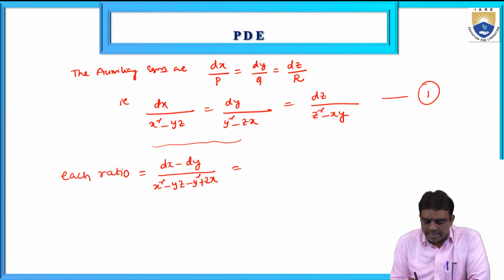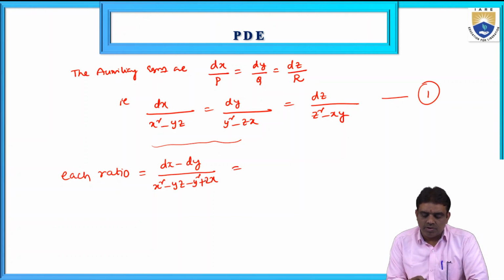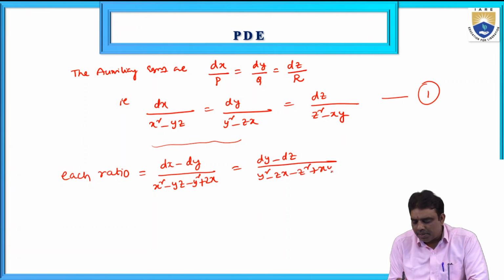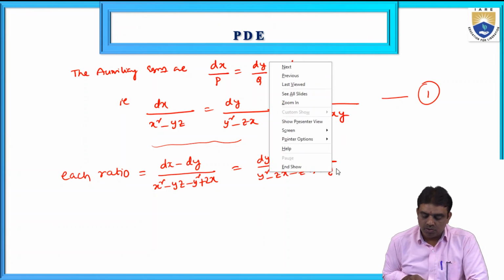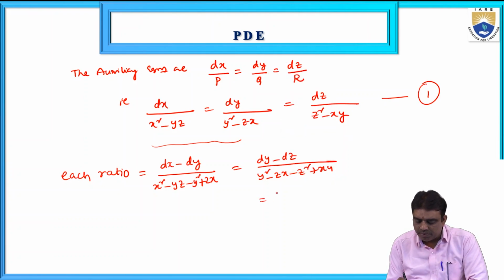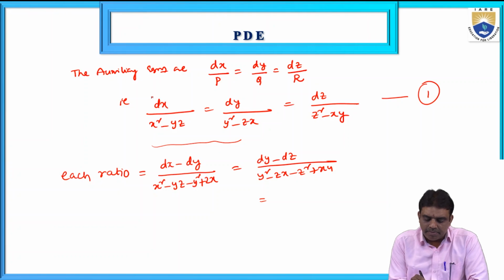I am taking dx minus dy, so each ratio is equal to dx minus dy by this minus this. And also dy minus dz by (y² minus zx minus z² plus xy). So how will you obtain this? You can easily observe that. And also dz minus dx.